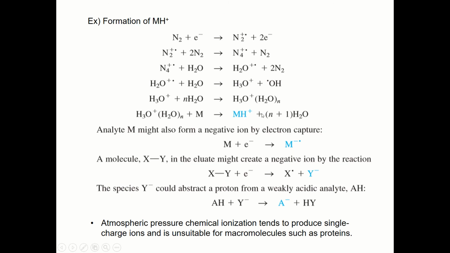Here is an example. Let's see how this molecule and this proton ion are formed. Since you used nitrogen gas, it collides with the electrons and becomes the N2 cation radical. This cation radical reacts with another neutral nitrogen molecule and creates a rather peculiar ion, the N4 cation radical.